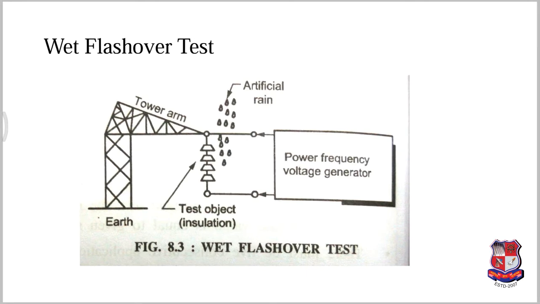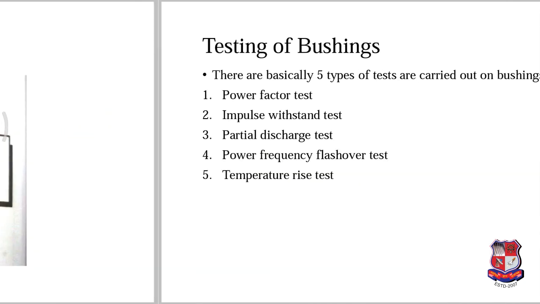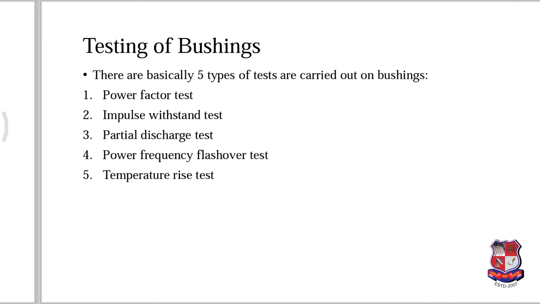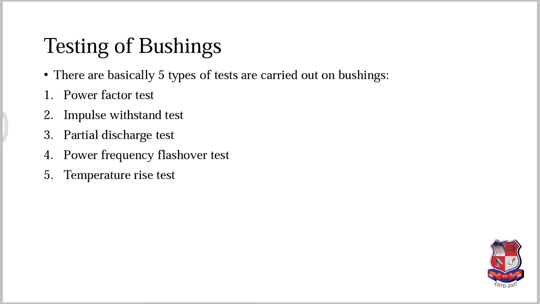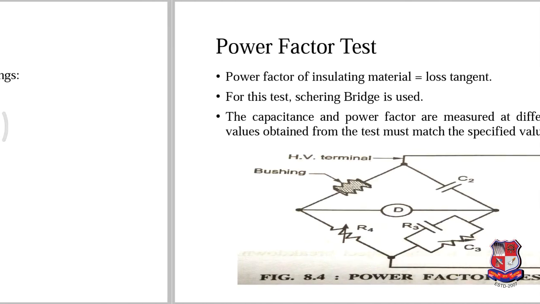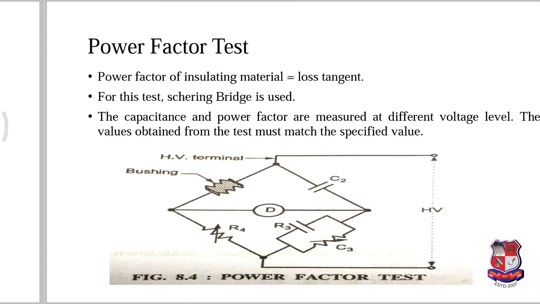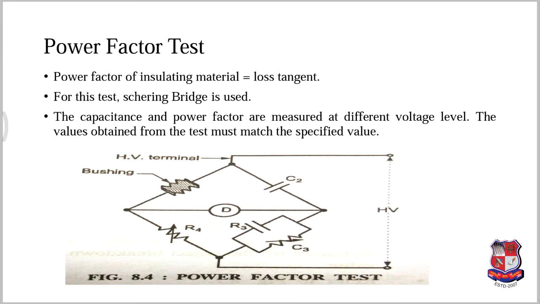Now let's move on to another test, that is called the flashover test. In flashover, in place of the impulse wave, we have to give a supply of power frequency. Power frequency means 50 hertz, from a voltage generator. In this test, the test object is subjected to power frequency voltage. In the beginning, under the dry condition of the sample, the voltage is increased up to the specified power frequency voltage in the specification of the rating plate.